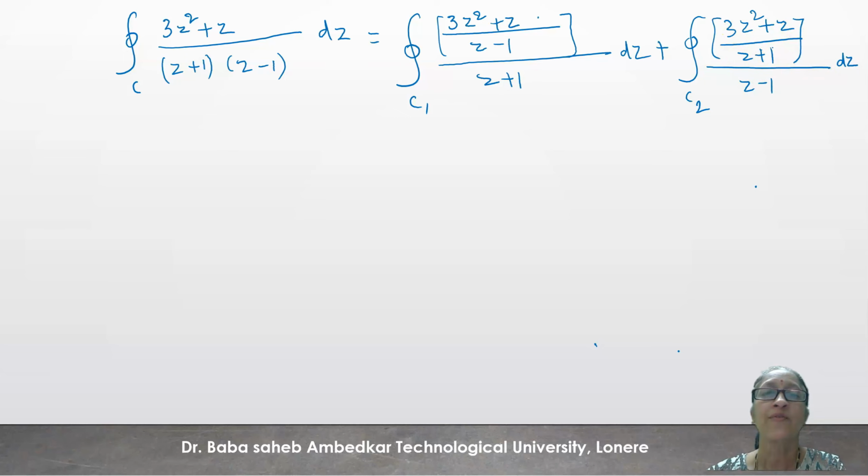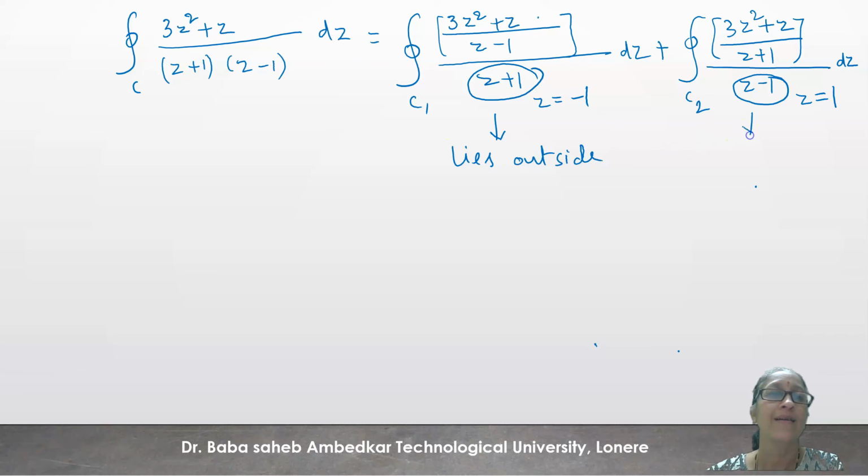Okay. Now if you see here, this is the pole z equal to minus 1, here z equal to 1. So z equal to minus 1 lies outside the circle, and here z equal to 1 is inside.